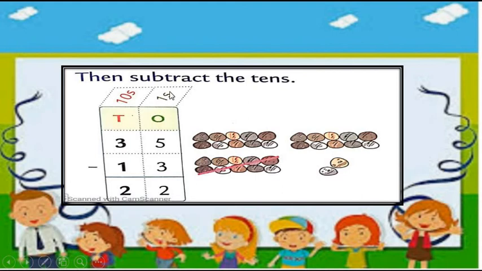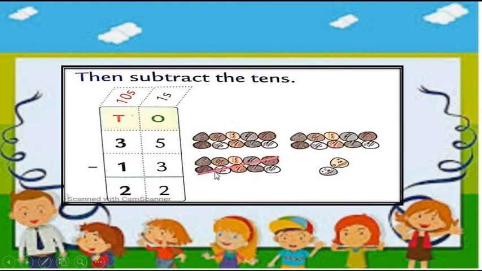After completing the calculation of the ones place, then subtract the tens. What do we have here? 3 minus 1. We have 3 bunches of tens here.